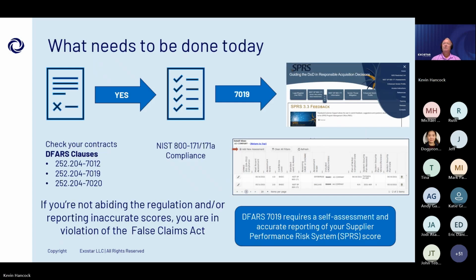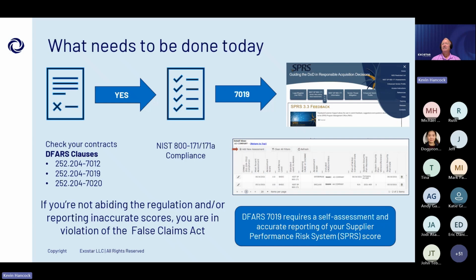Now, as I talked about before, CMMC is really not changing things. It's requiring that certified third-party assessment, but we've been required to protect controlled unclassified information in accordance with NIST 800-171 for quite a while now.